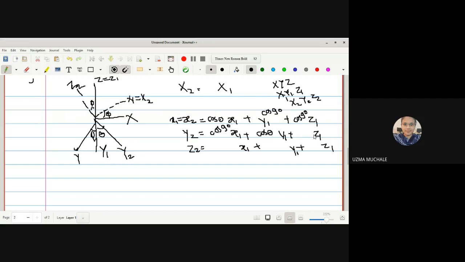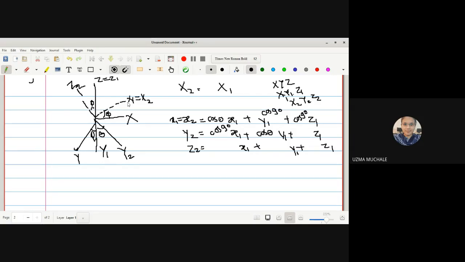Next, the angle between z1 and y2. Can anyone tell me what is the angle between z1 and y2? Okay, here we can see the angle between z2 and y2 will be 90 degrees, correct? Yes, ma'am. The angle between z2 and y2 is 90 degrees, plus this one we have to add. Z2 is ahead, right?